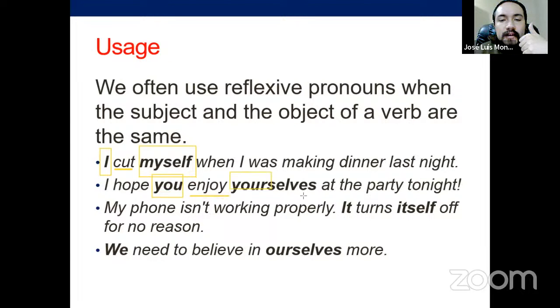Enjoy, what receives the action? Yourselves. The same, right? It turned itself off. And we need to believe in ourselves. All right, so the first type is doing, receiving. You are the subject, you are the object. She is the subject, she is the object, and so on and so forth.